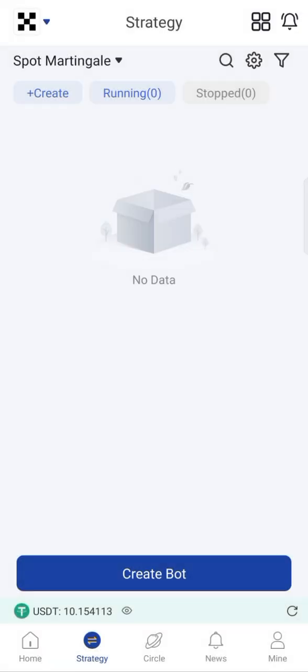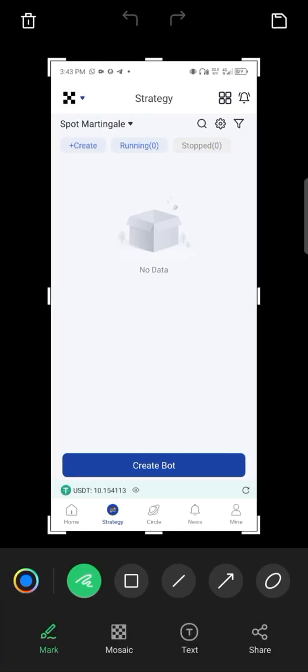So on the Royal Kill bot, when you come to the bot, you know that we have our menu down there. We have home here, then we have strategy, then circle, then news, and then we also have mine. Beautiful.